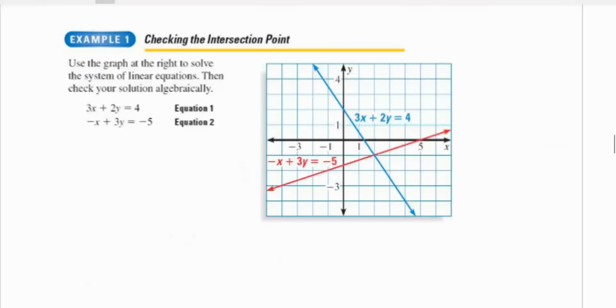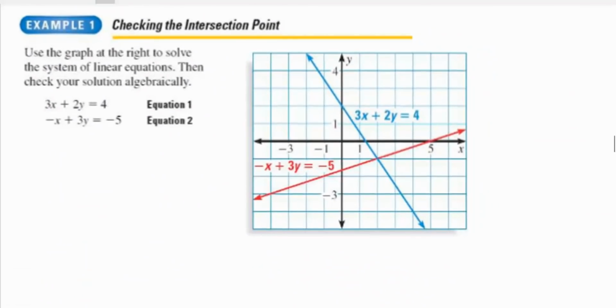Checking for an intersection point, that's exactly what we just did in our warm-up, except now instead of having one equation, we've got two equations. So we say, well, that point looks like 2, -1. We're going to take this top equation and plug in 2, -1.